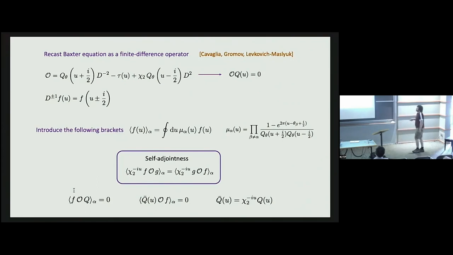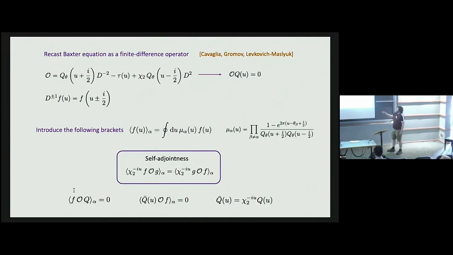Okay? So now we start looking at brackets, and I already told you that brackets were essentially the key object within the functional separation of variables approach. So I introduce a bracket, actually a family of brackets, bracket alpha, where alpha runs from 1 to L, which is the length of the spin chain, which takes some function, integrates it with some measure, and this measure looks a bit complicated, but I'll talk about it a little more in a moment, and I integrate over a very large circle.